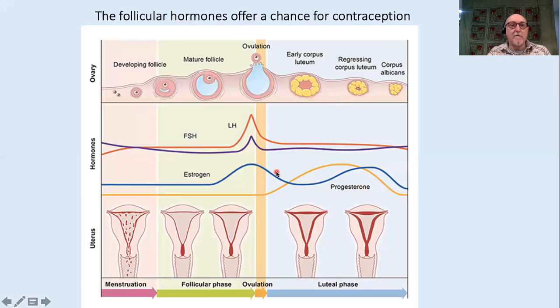When human birth control pills were first formulated, they actually surveyed women. Now, don't forget, this was in the 1960s. And they asked women, do you want to have menstruation once a month where you bleed or not? And the vast majority of women said yes.